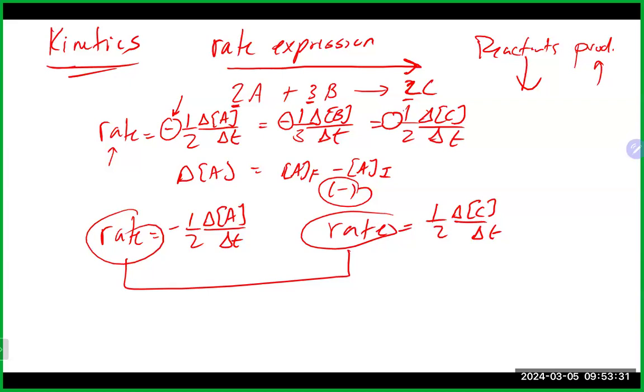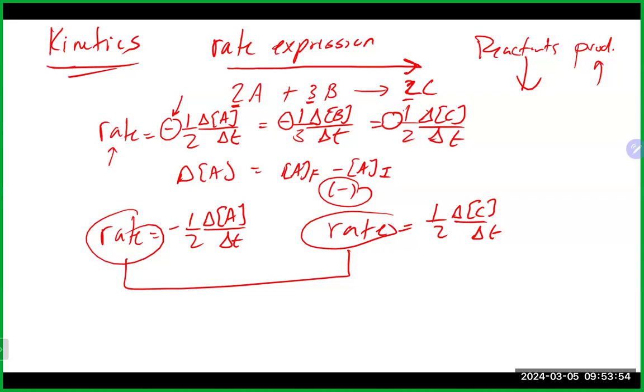And that's the one that allows you to relate whatever information they give you to everybody else in the reaction. So as long as you have one piece of information like a rate, how somebody is decreasing with time or increasing with time, you can relate that to everybody else in the equation through these relationships here.